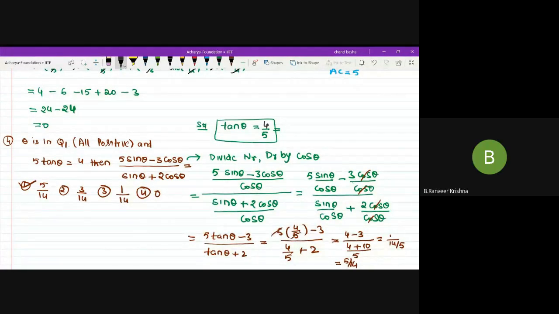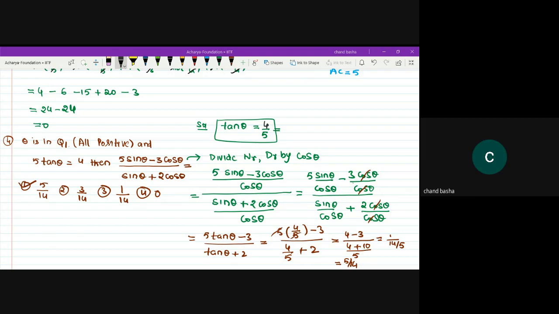To get tan, can we write 5 tan? They gave us 5 tan theta is equal to 4. Can we substitute it directly? In the denominator, I don't have 5 tan theta, I have only tan theta. No, sir. I said that in the numerator we got 5 minus 3.